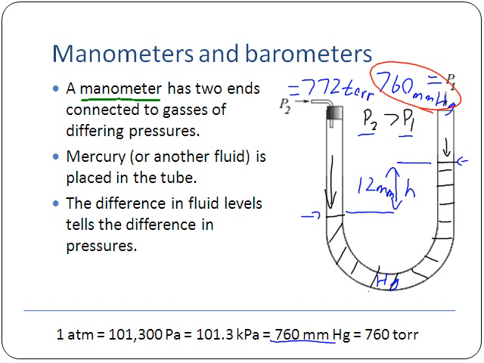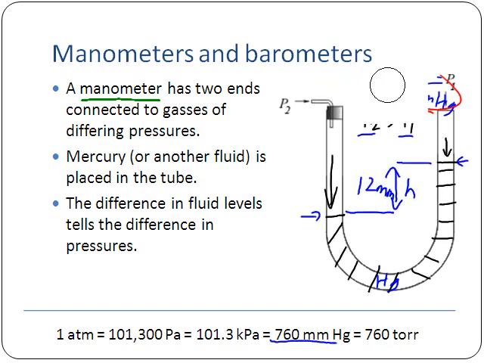For example, what if I were to take this and set up my manometer, and instead of setting it up the way I have right here, I'm going to make it so that P1 is equal to 0. If P1 is equal to 0, then I know that P2 simply has to be equal to 12 millimeters of mercury, because P2 is 12 millimeters higher than P1.